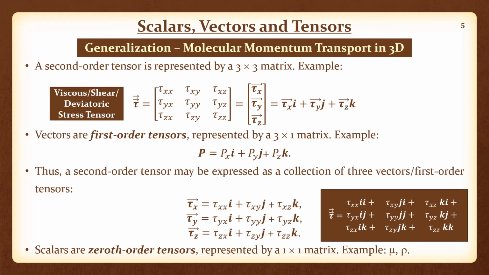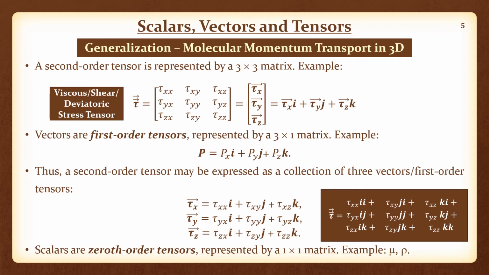Now let's come back to second order tensors. The shear stress tensor is comprised of 3 quantities, just as a vector is comprised of 3 quantities. In the case of a vector, the 3 quantities are scalars, whereas in a second order tensor, each of the 3 quantities is a vector itself.